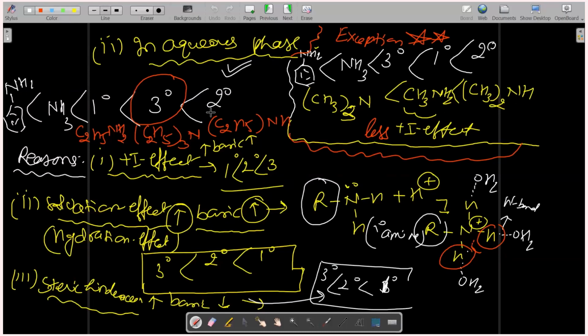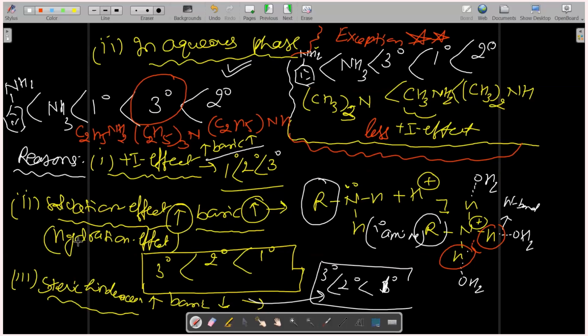It means, on what factors does this order depend? This order depends on three factors. The first factor is the plus I effect. As we have already discussed, as plus I effect increases, basic character increases, and according to this, the order will always be tertiary, then secondary, then primary.